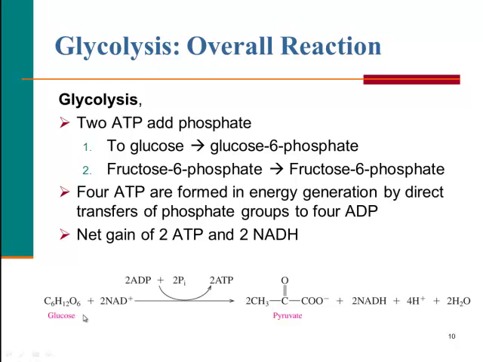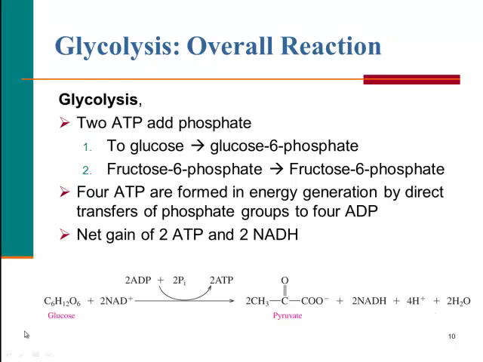So here's our glucose molecule. Here are 2 NAD molecules. We're going to require ADP molecules to be converted into ATP, and then that's going to give us 2 pyruvate, 2 NADH molecules, high energy molecules, 4 protons, and 2 water molecules.